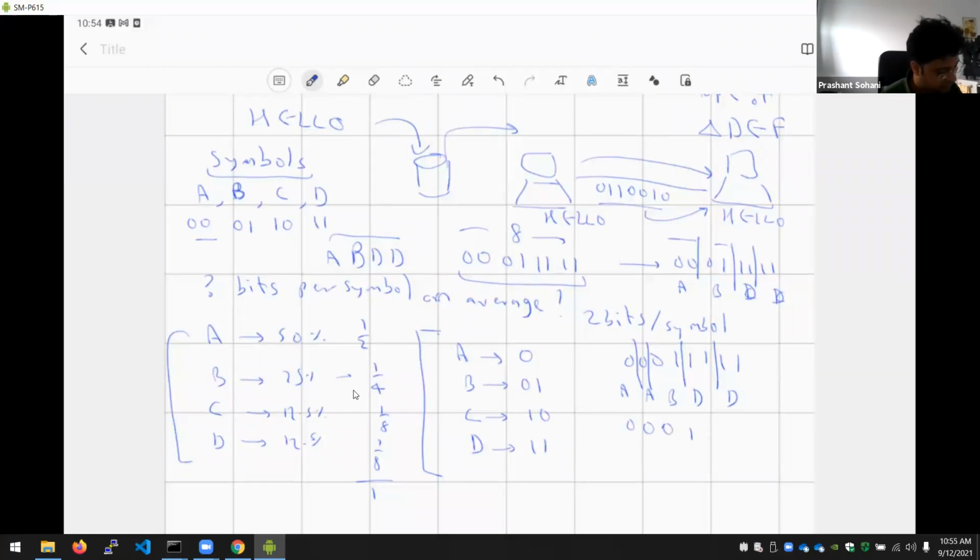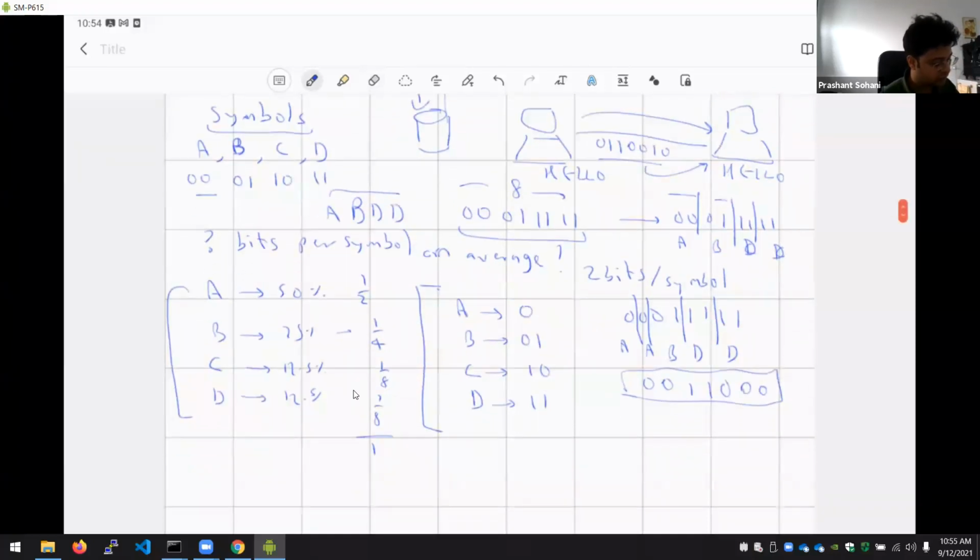Let me take a deliberately confusing example. Suppose I am transmitting this. Now you will see there is ambiguity, because maybe the starting is still this is A, this is B. It is still unambiguous. What can I do to make it more ambiguous?